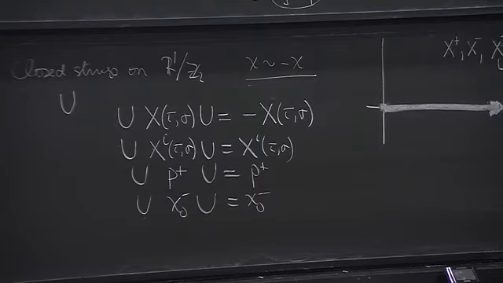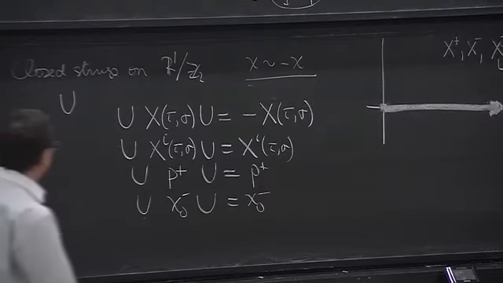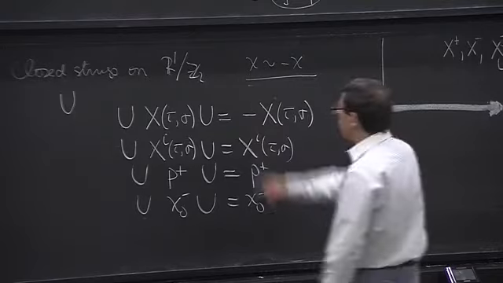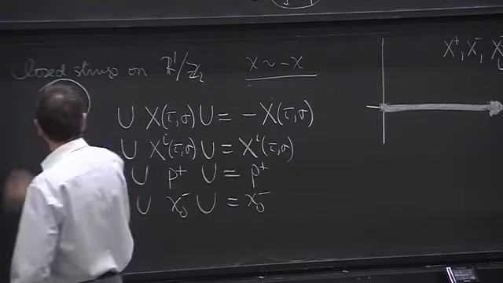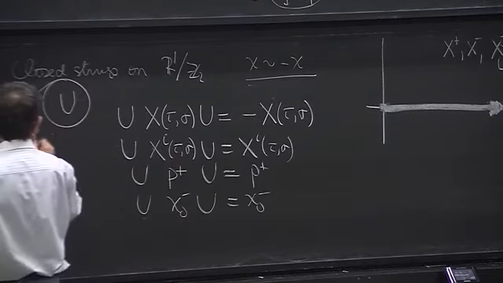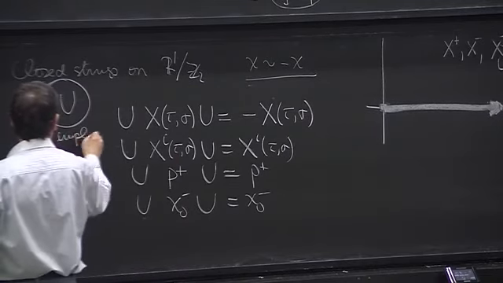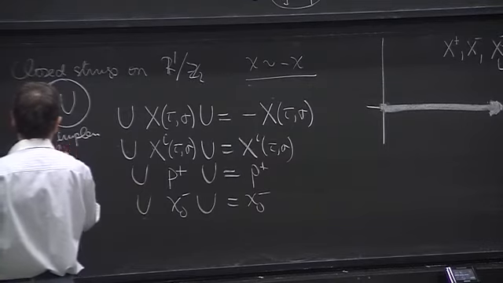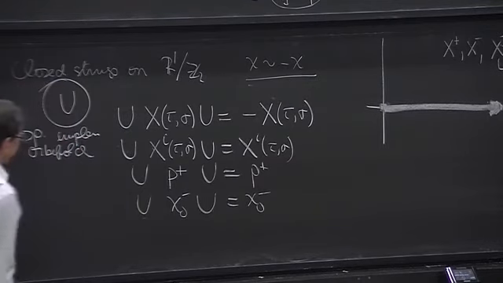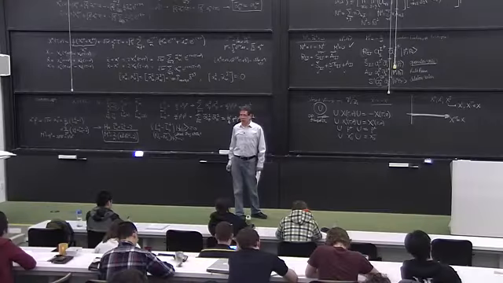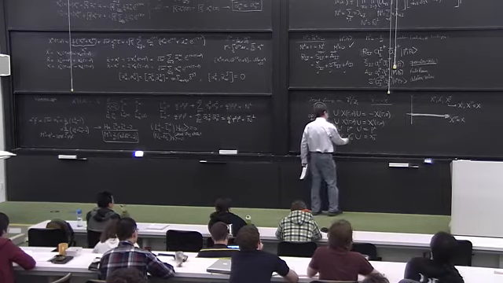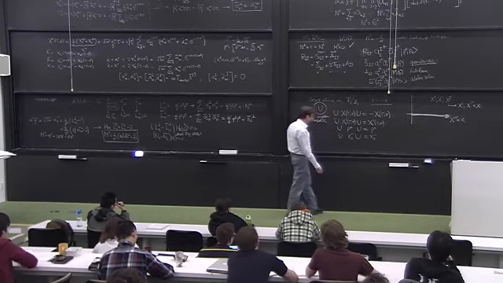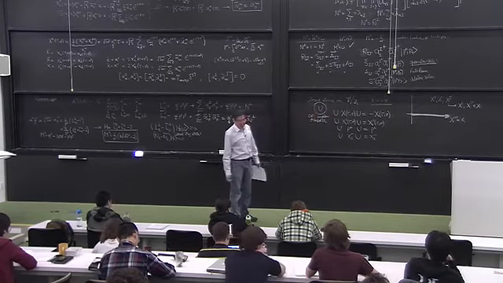Okay. Now you can ask yourselves, if U is an operator that implements the orbifold identification, what does it do to x minus? Well, it doesn't do anything to its zero mode by definition. It probably shouldn't do anything to it.